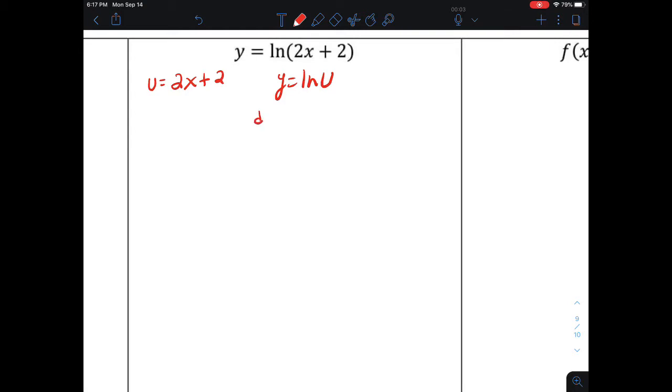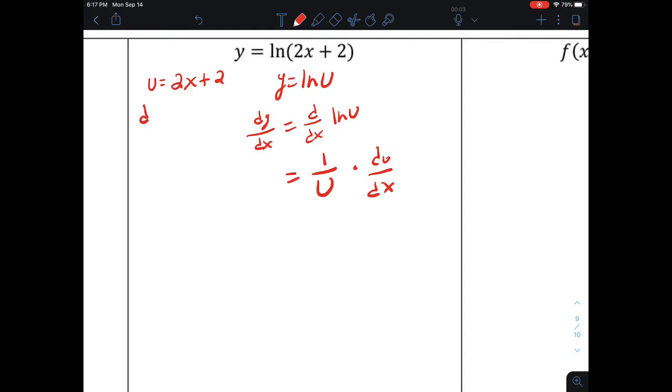If I took the derivative of both sides, the derivative of y with respect to x is going to equal the derivative with respect to x of the natural log of u, which is going to equal 1 over u times du over dx.